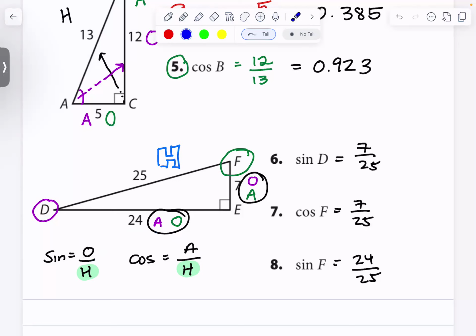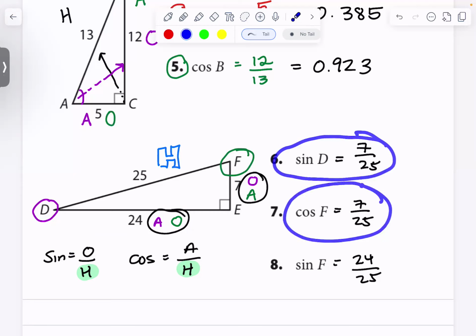So this change here reflects this change here. So the sine of one angle will always be the cosine of the other angle.